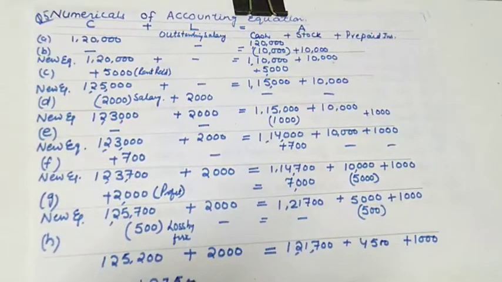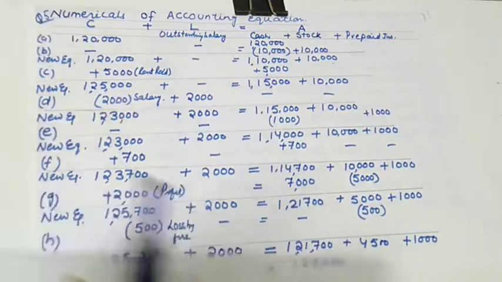This is 1,27,200, and this side also 1,21,700. This is 5,500. If you add 5,500 here, this will be 1,27,200.